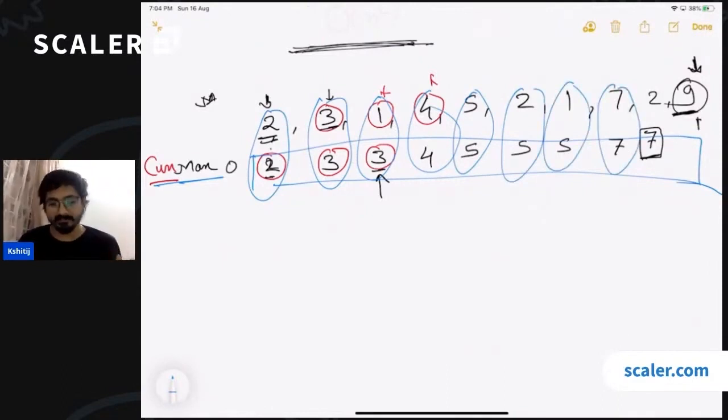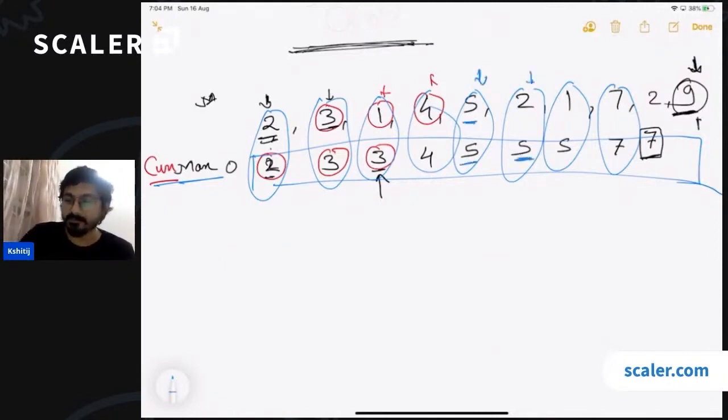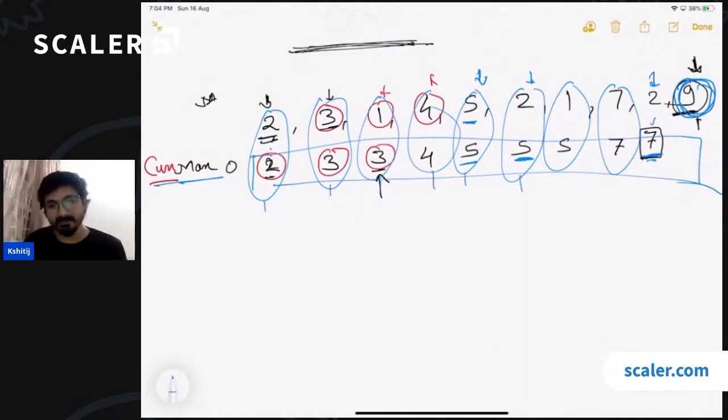Is this making sense? Till this point, 5 is the maximum. Till this point, again 5 is the maximum. Till this point, 7 is the maximum. So while you are calculating the maximum value for the last bar, you have not only calculated the maximum on the left for the last, but you have also calculated the maximum for each and every index.